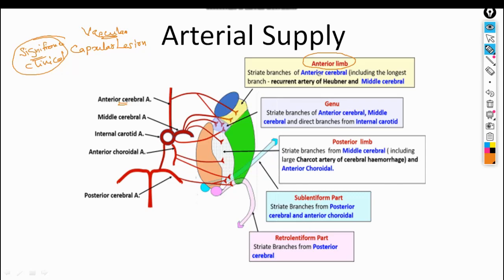So the anterior limb is supplied by a branch of the anterior cerebral artery and a branch of the middle cerebral artery, whereas the genu, which is in blue color, is supplied by the branch of the anterior cerebral, as well as a branch of the middle cerebral, as well as a direct branch from the internal carotid artery.